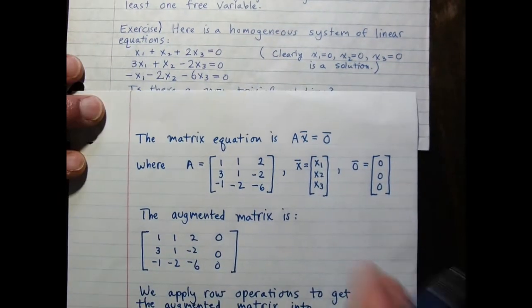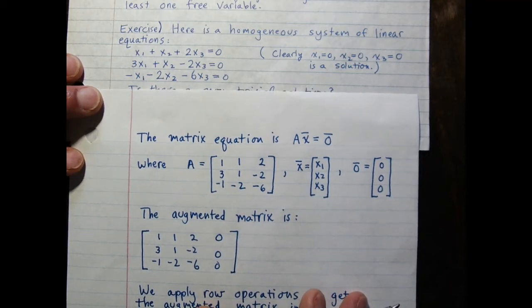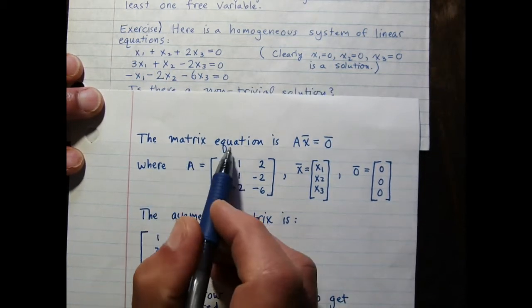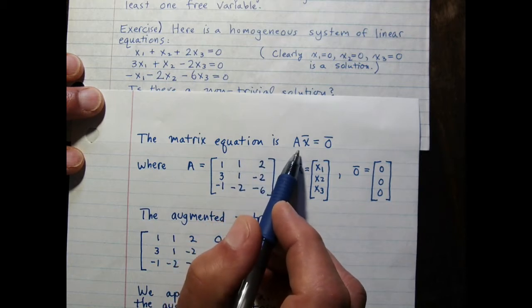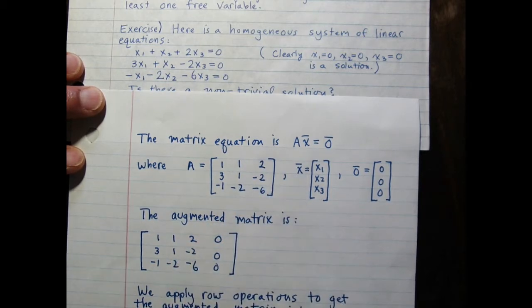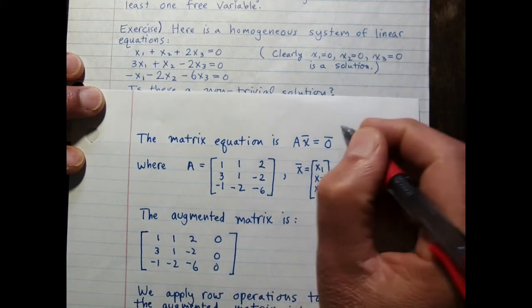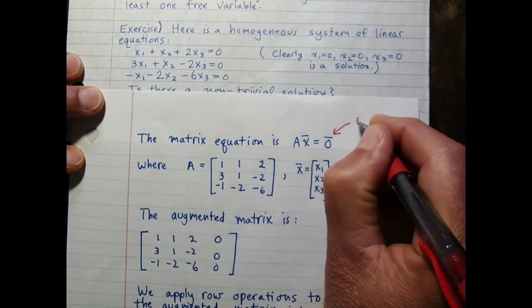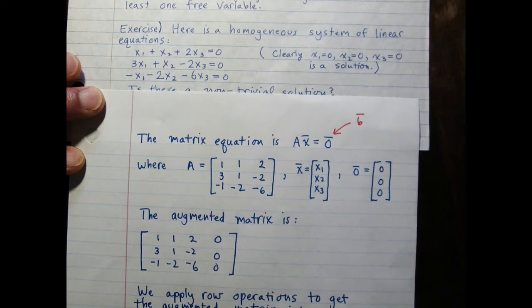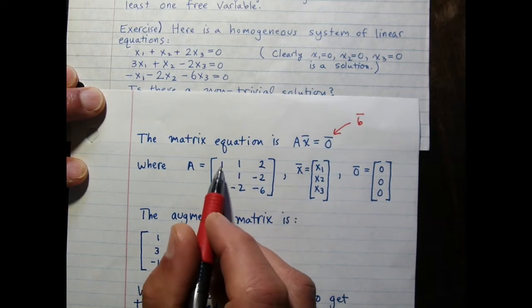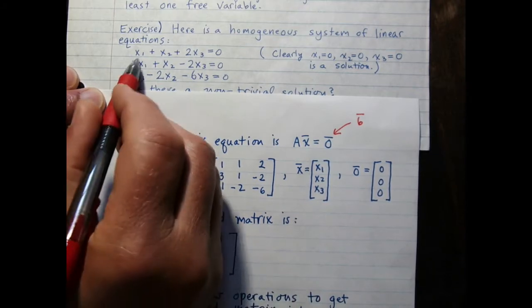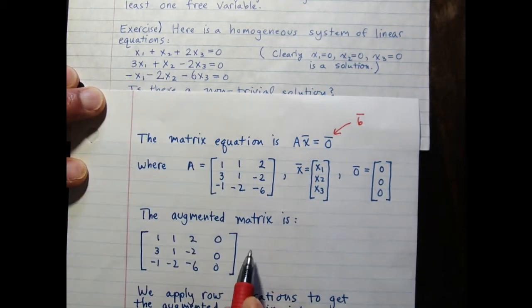For this problem, I went ahead and wrote this ahead of time. We're going to write this in matrix form. So the matrix form will be A times x equals 0. Again, here my 0 is what our b is turning out to be in this system. The matrix A consists of just the coefficients, the variables on the left-hand side.